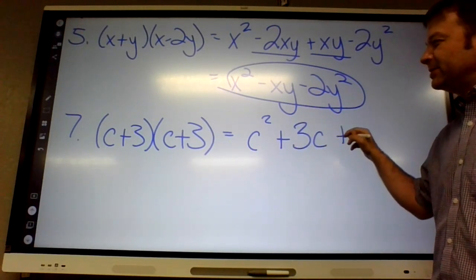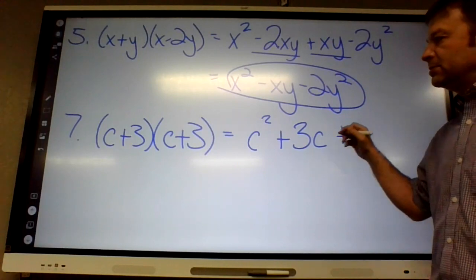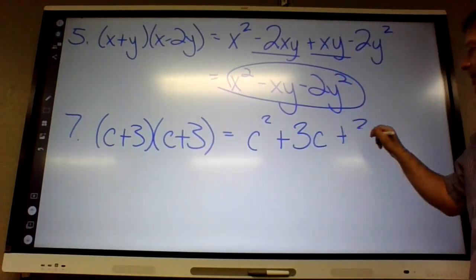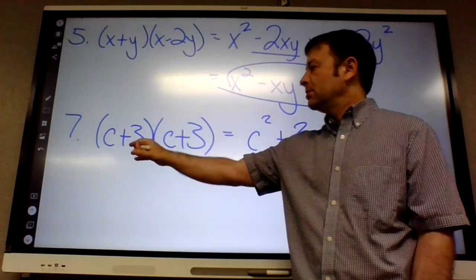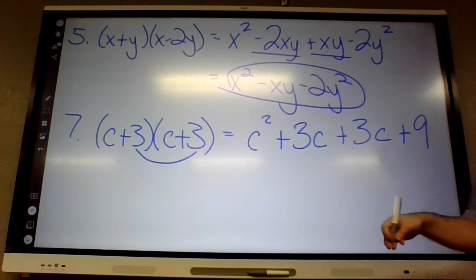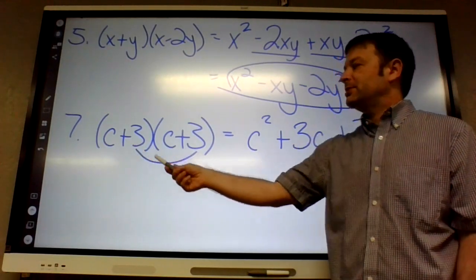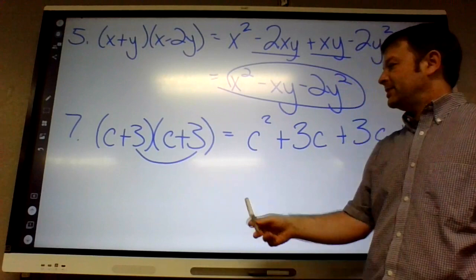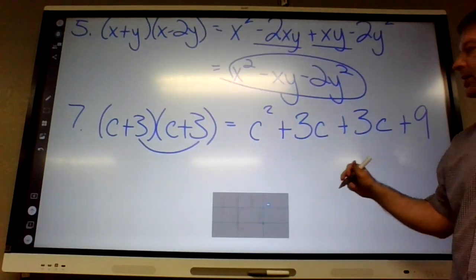Inside? 3c again. And last, plus 9. For some reason on the last, a lot of people start adding, I guess because they're both numbers, like they put plus 6 instead of plus 9. Okay, final answer?